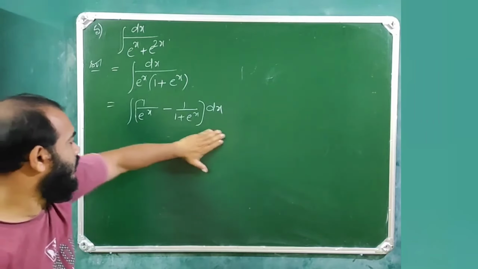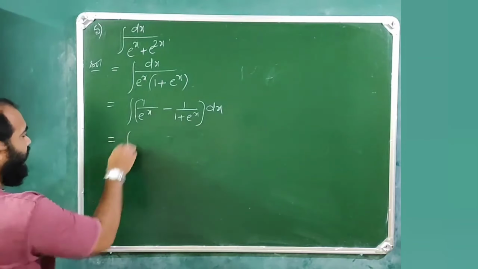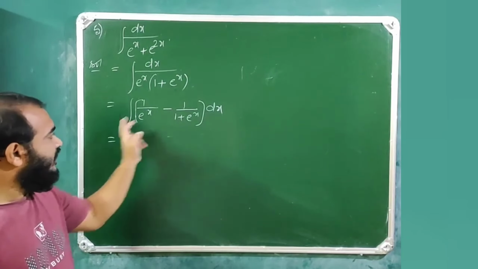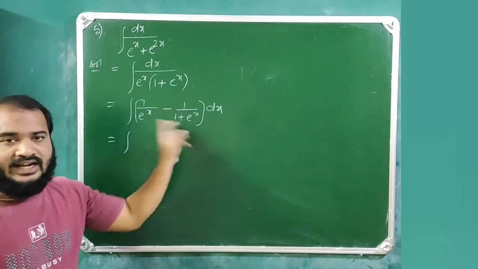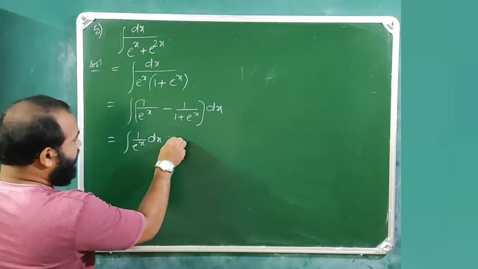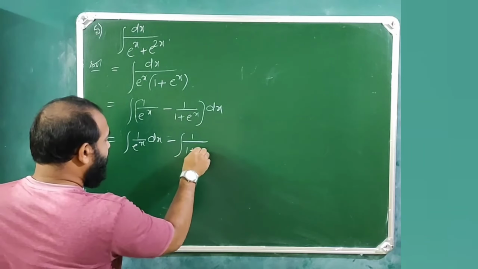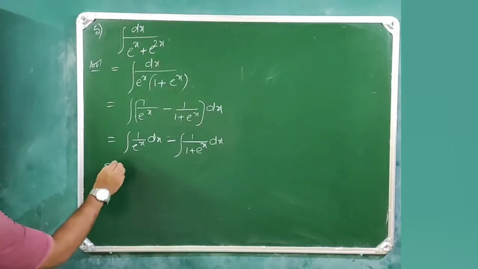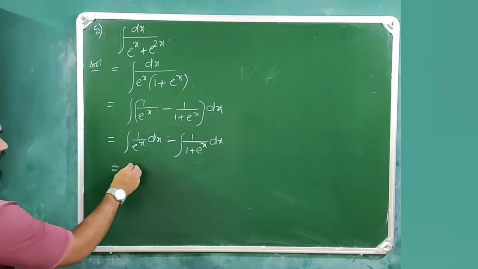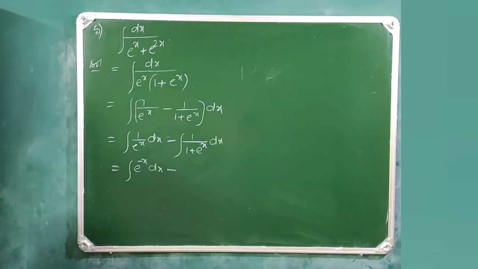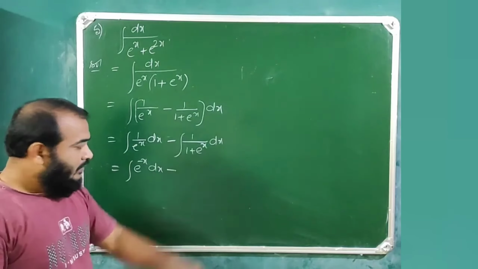Now let us distribute this integral dx for both these integrands. So 1 by e power x dx minus 1 by 1 plus e power x dx. 1 by e power x dx can be written as e power minus x dx, minus integral 1 by 1 plus e power x dx.